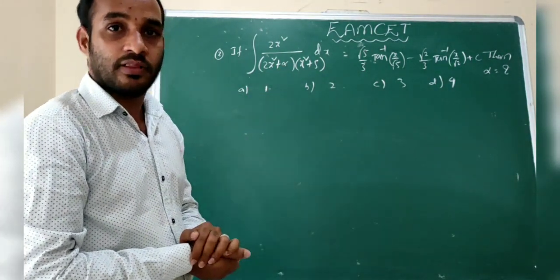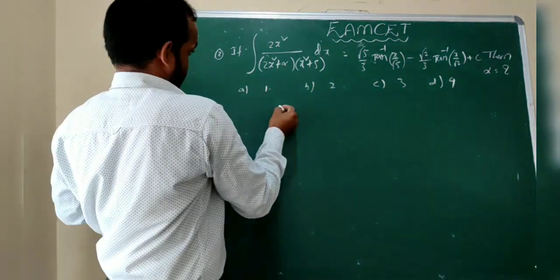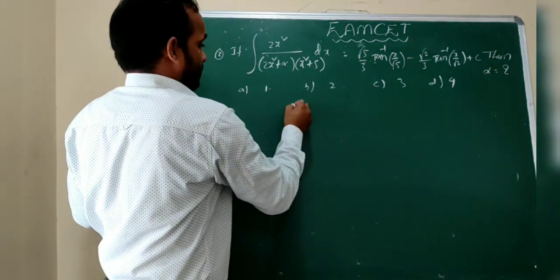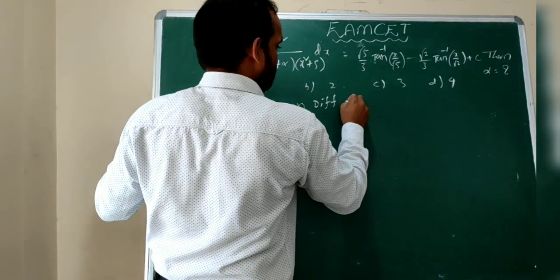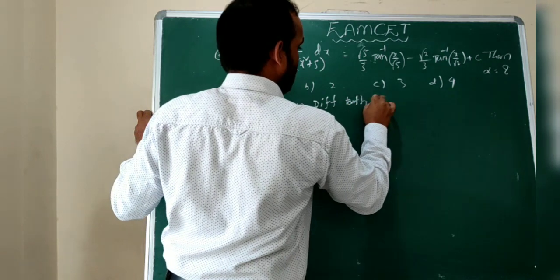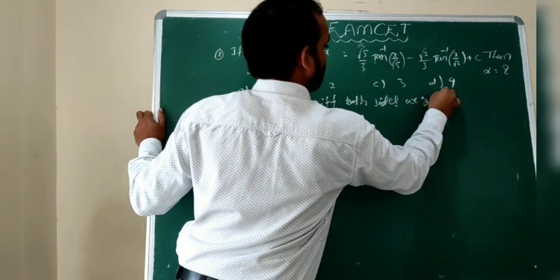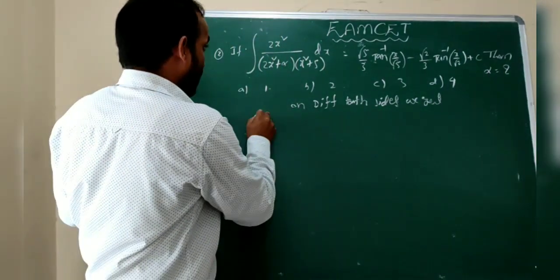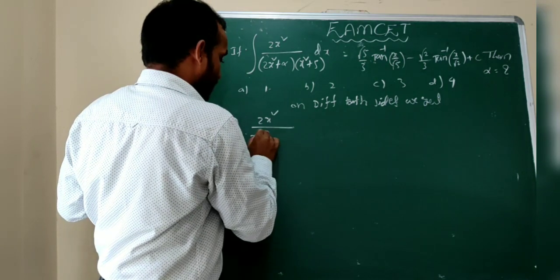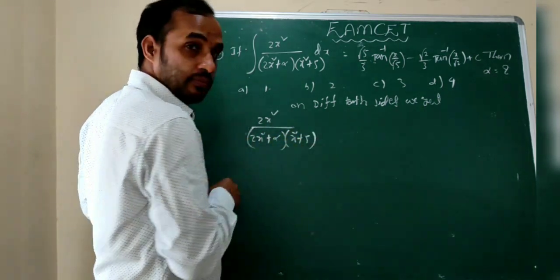So how to find alpha? Differentiating both sides, we get: the derivative and the integral cancel out, leaving only 2x square by (2x square plus alpha) into (x square plus 5).